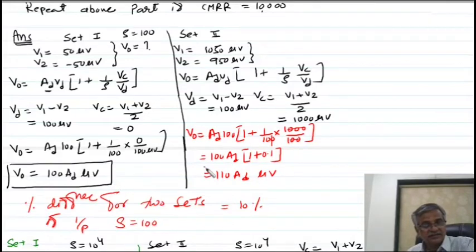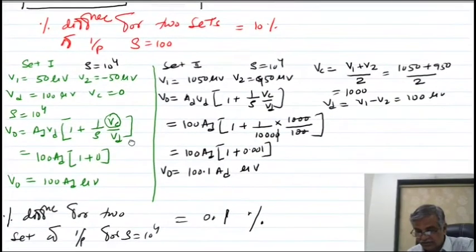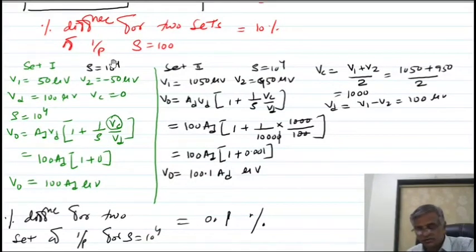What should actually be your output? It should be 100 AD, because Vd is nothing but 100. So your output should be 100 AD. But due to this common mode signal, you are getting 10% higher than the actual one. The second part shows that if I take rho very large, 10 raised to 4, then the error will be very less.